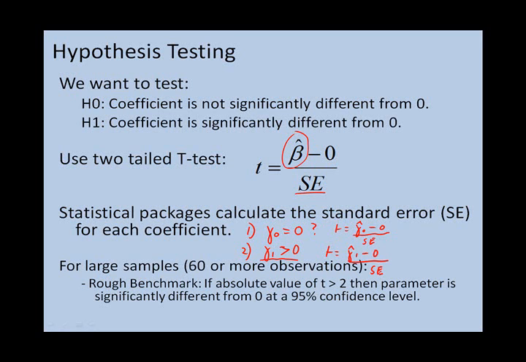And what we would hope, if the CAPM holds, is that for hypothesis 1, that gamma 0 equals 0, we would be unable to reject the null hypothesis that gamma 0 does equal 0.